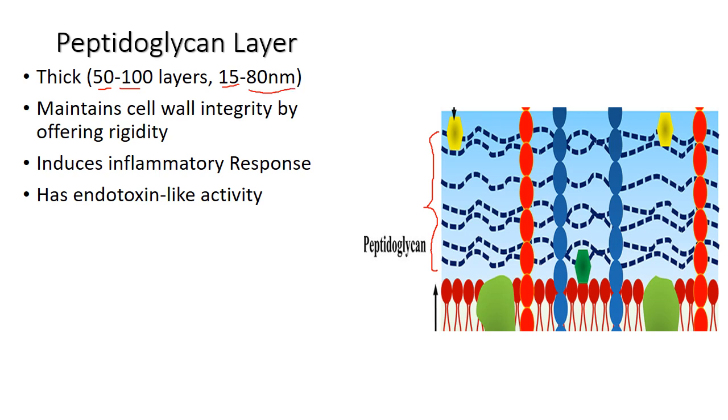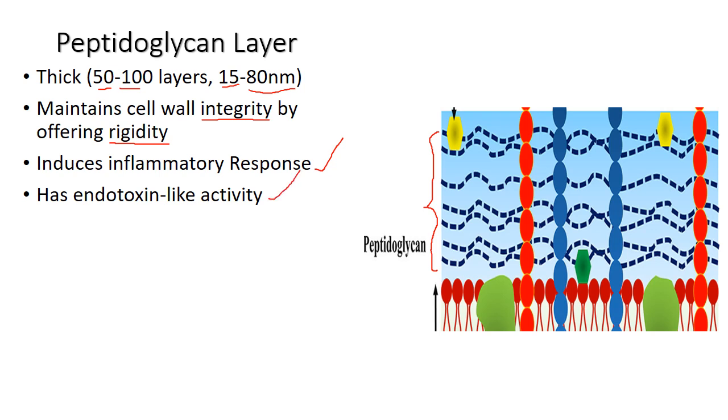Remember, it's gram positive, so it must have a thick layer. Then what's the function of this peptidoglycan layer? It's simply to maintain the cell wall integrity by offering rigidity. Apart from that, another function is to induce an inflammatory response, and it also has endotoxin-like activity.